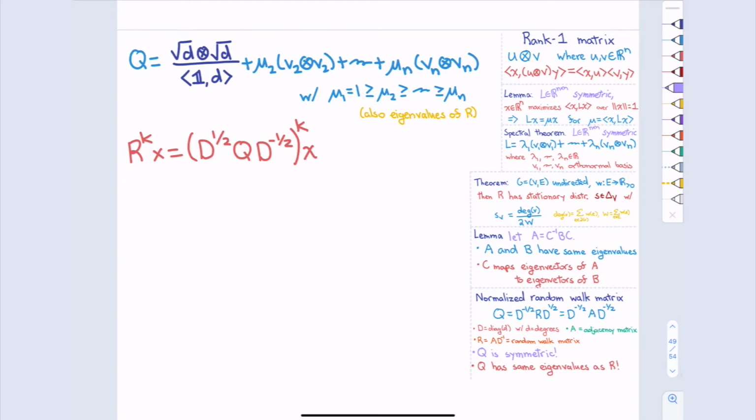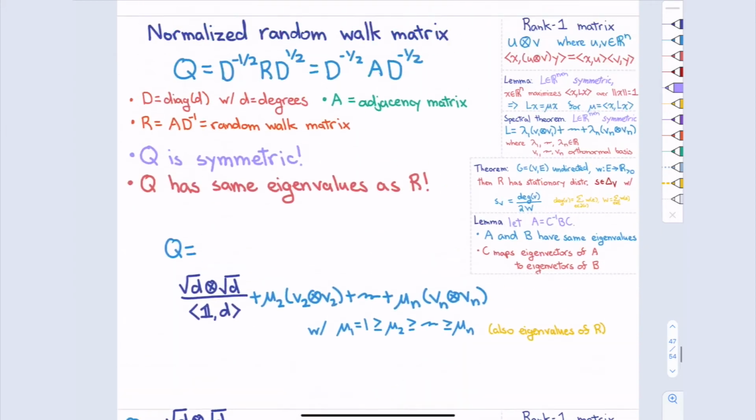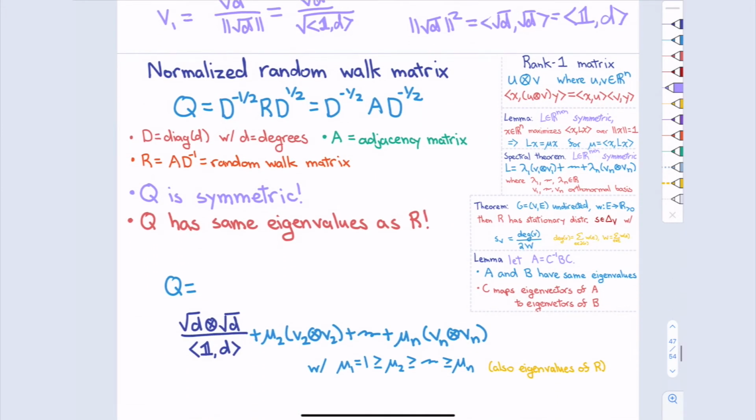Let's see. If I look at this, then we also get R is equal to D to the 1/2 Q D to the minus 1/2, just by flipping those D's around.